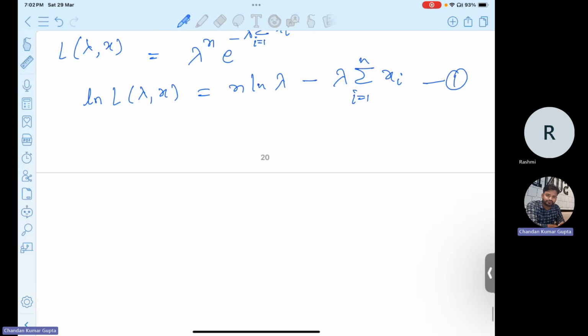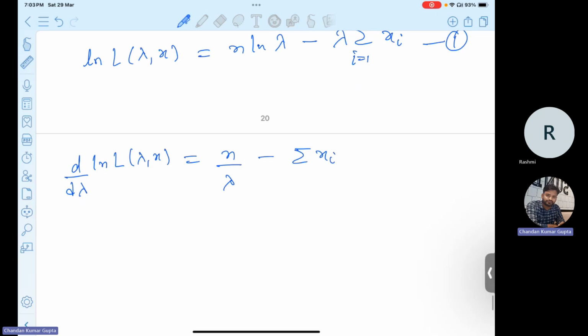So d by d lambda of ln L is n by lambda minus the summation of xi.